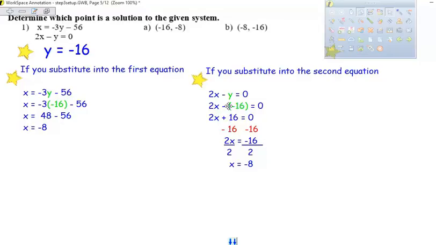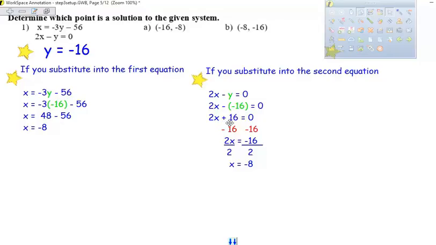Pay attention that you've got that implied negative 1 here with that negative sign outside the parentheses, so you need to distribute that or do the multiplication first. So you're going to drop the 2x down because we're not doing anything with it, but we're going to multiply that negative 1 times the negative 16 and get a positive 16 out. Or you can use leave, change, change, which then gives us the plus 16 as well.